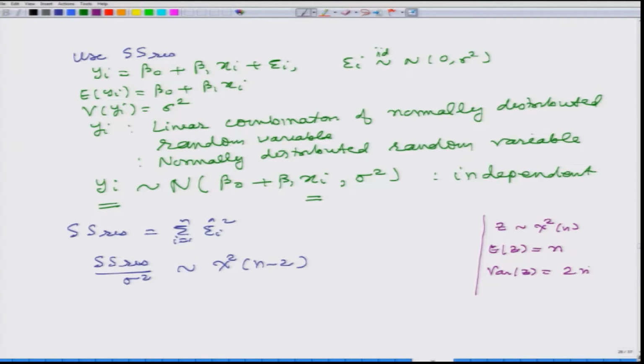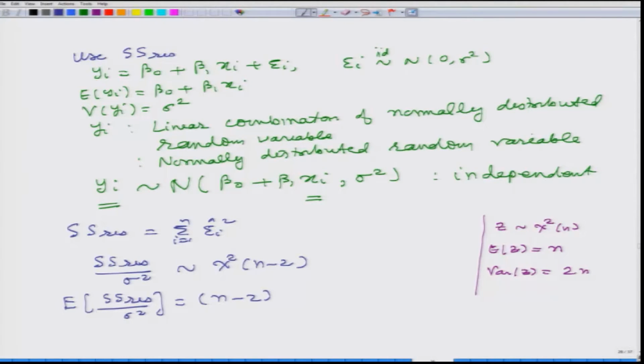So, if I try to find the mean of this quantity, I can write down here expected value of SS res divided by sigma square. This is following a chi-square distribution with n minus 2 degrees of freedom. So, its mean is going to be n minus 2.